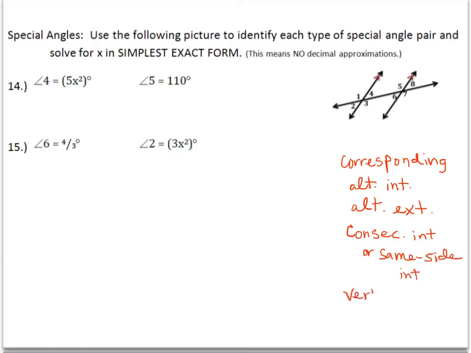We also had vertical angles. And the last one we had was linear pair.